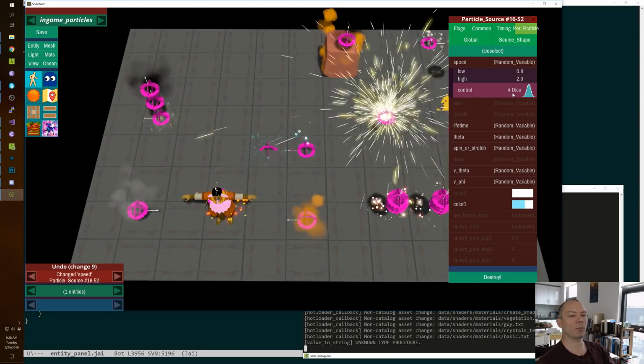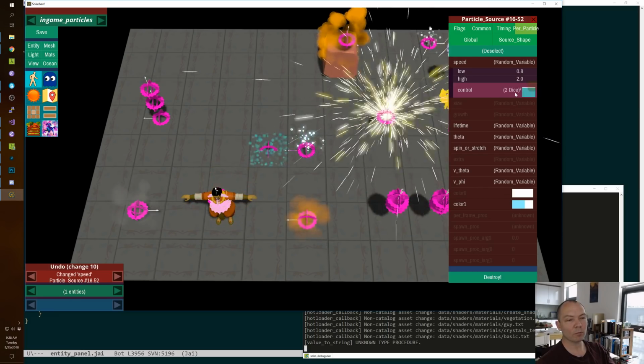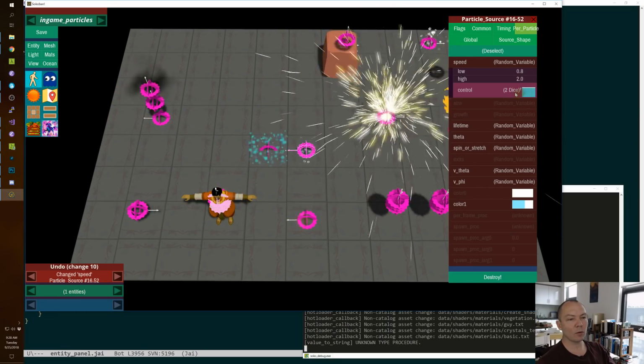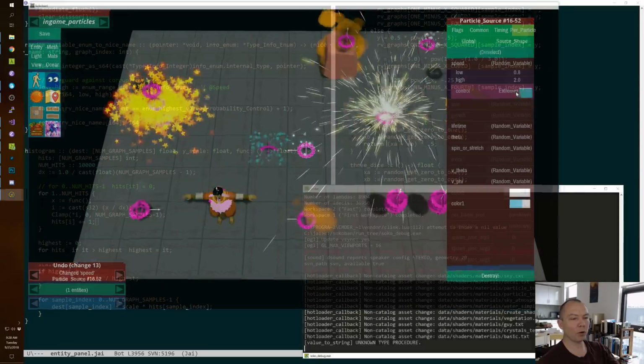Not that much difference between 3 dice and 4 dice. Okay, so 2 dice squared, 3 dice squared, and 4 dice squared are easy.